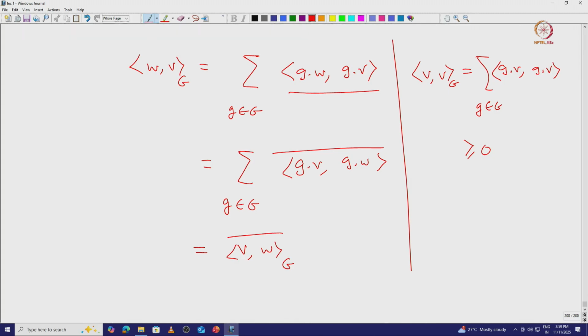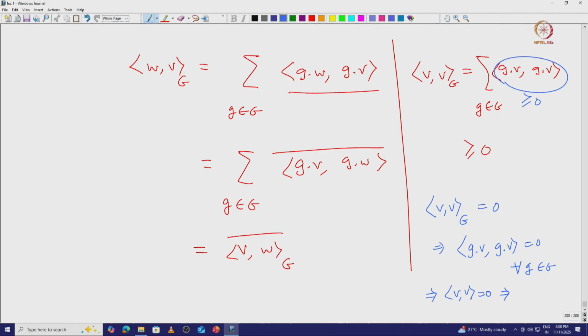Since each term in this sum is non-negative, if this inner product with respect to G is 0, that would imply immediately that the inner product g dot V comma g dot V is 0 for all g in G, because all of them are non-negative terms. So, that would imply that V comma V is 0, and that would imply that V is 0.